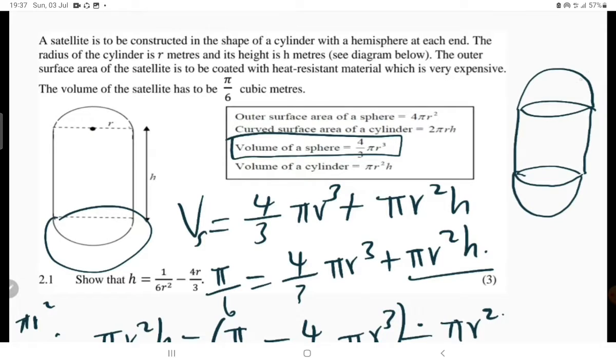So if you were to open a hole here and pour water in, this water will go through all the way to this end, because the cylinder, which is in the middle of these two hemispheres, is open at each end. So we basically don't have the lids of this cylinder.